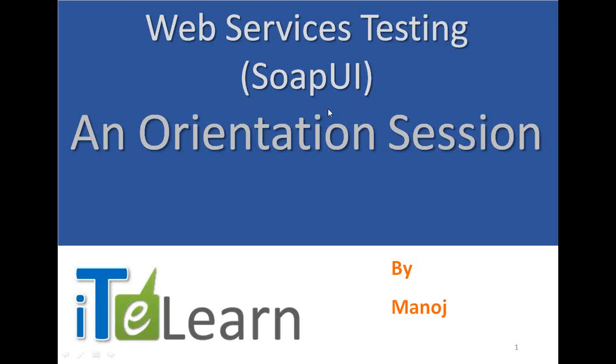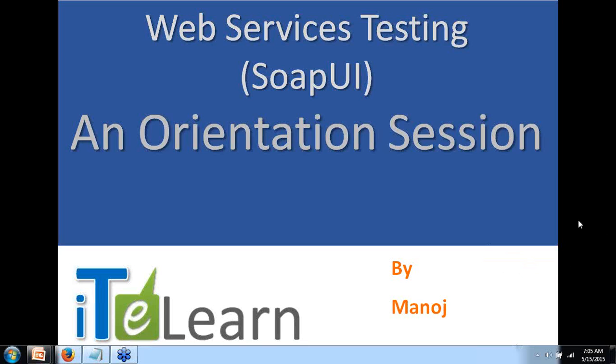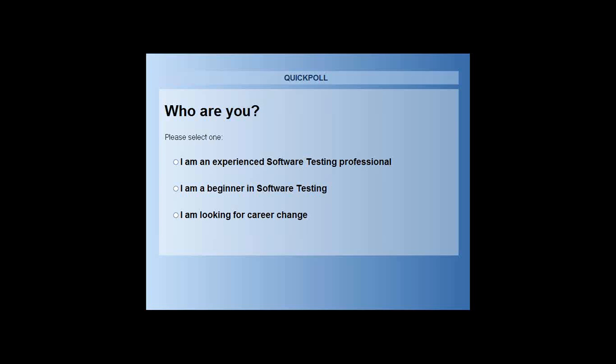So before starting this session, I have one poll. I'm launching that poll. Okay. So please answer that. So here we go. On your screen, you can see one question is there.